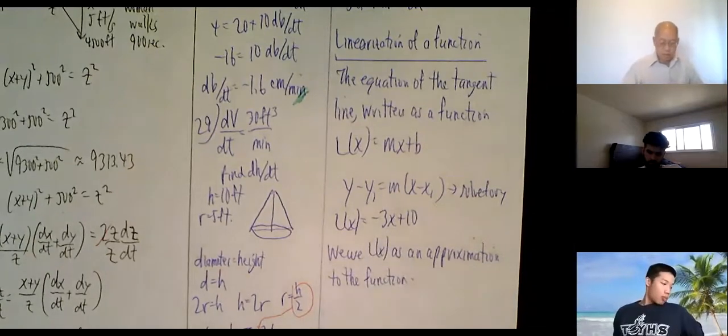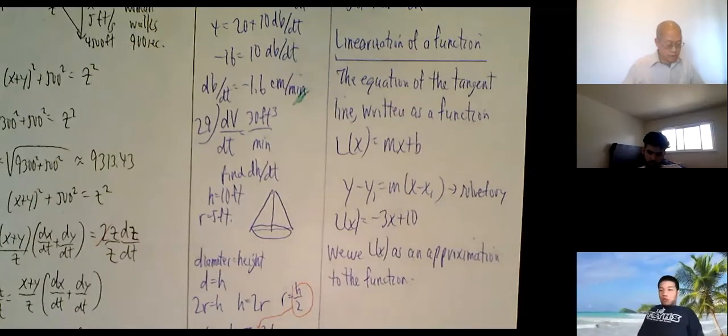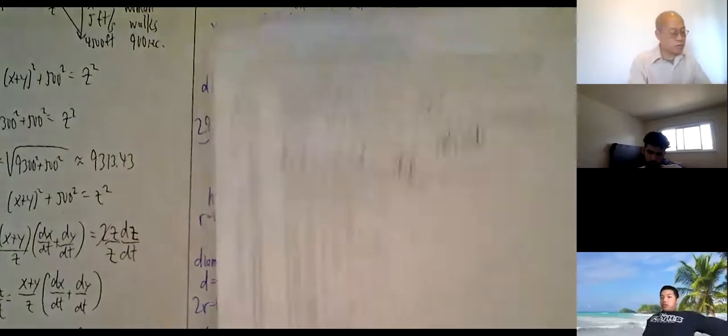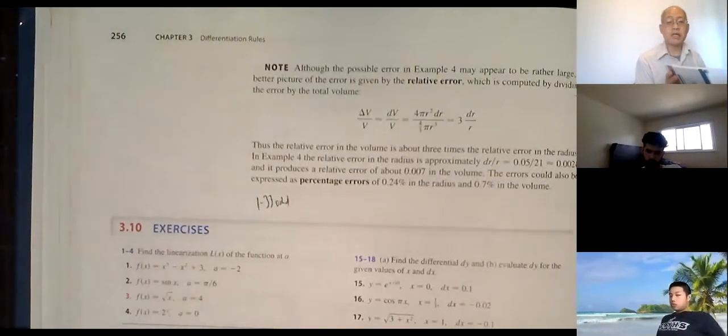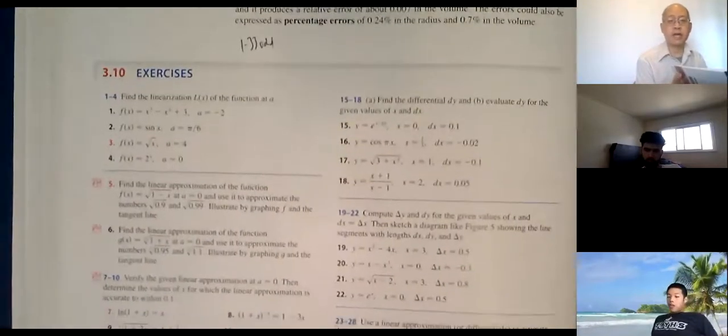Okay, so now let's get started with section 3.10. So what are we supposed to do? 1 to 33 odd. Okay, so here it is, page 256. Again, for the benefit of those of you that don't have the book and don't plan on getting it.